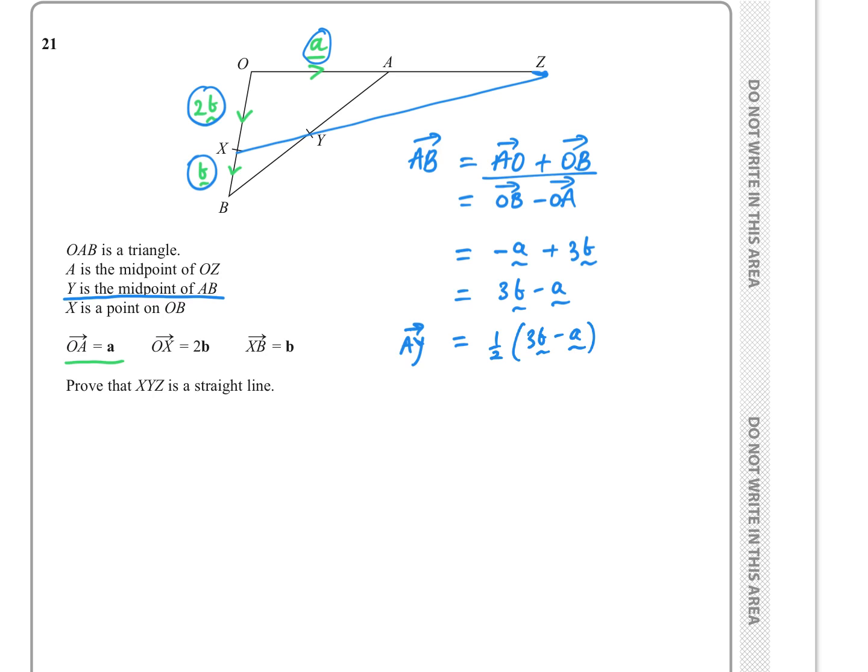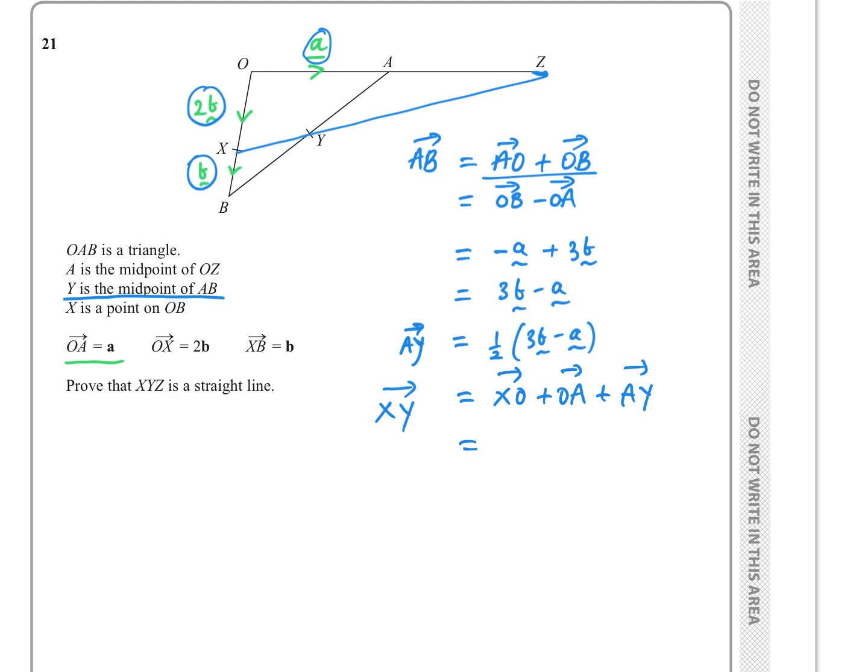So we have enough information now to find X to Y. If I want to go from here to here, I can go from here to here, then from here to here, and then from here to here. It's the same displacement as going from X to Y. So if I follow that, then I'm going to have XO plus OA plus AY.